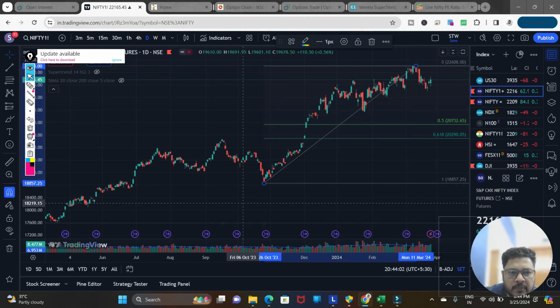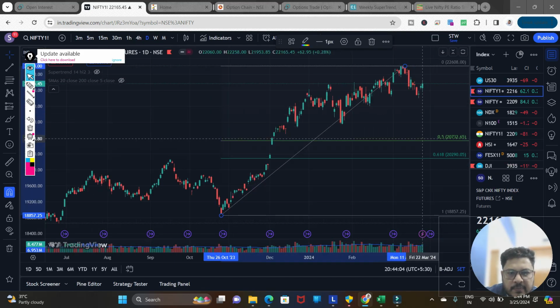Now what is the possibility if volatility increases? You can see this has moved from about 18,857 till 22,608 without major retracement. This entire thing was moving in one upward direction, a lot of money being pumped into the markets. So 20,732 is one zone.